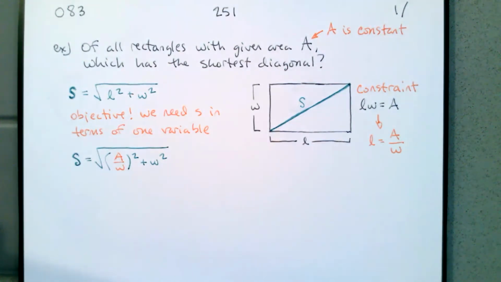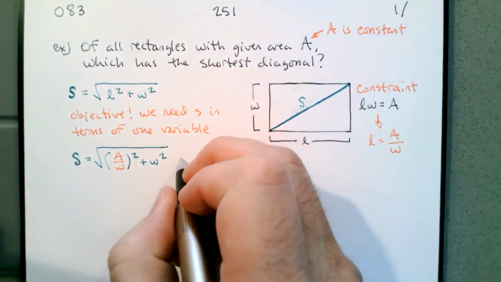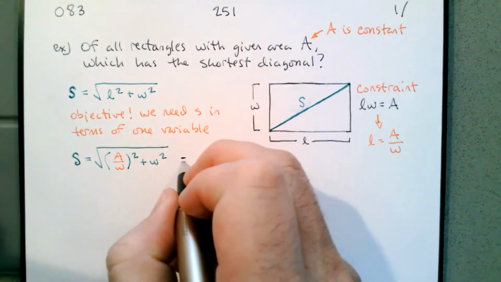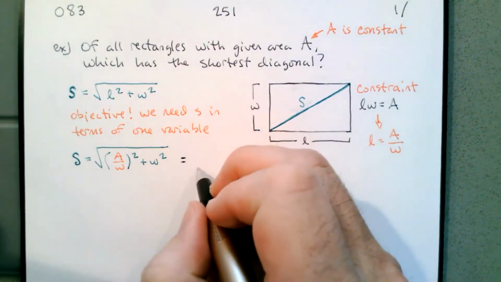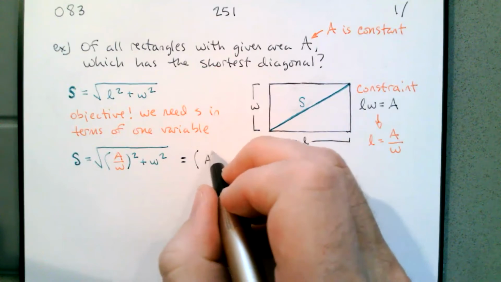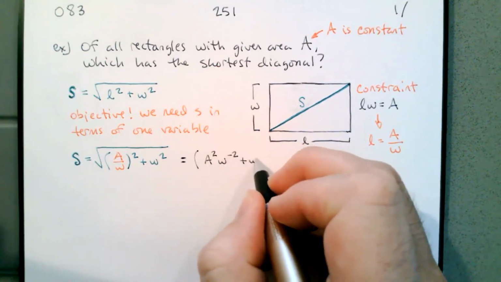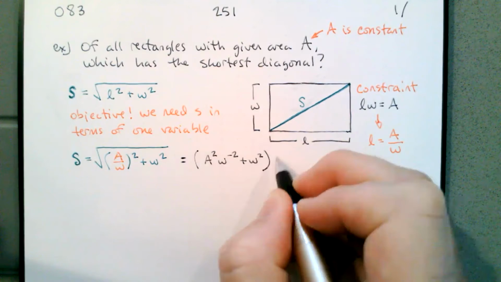So now S is just in terms of the width, and A over W is how big the length is going to be for a fixed area. So here's our objective function. It's got this big square root, and we definitely don't like that. I'm going to try to write this with powers of W, but the problem is all this stuff is being raised to the 1/2 power. I could write this as A squared W to the -2 plus W squared, and here's the inconvenient part.